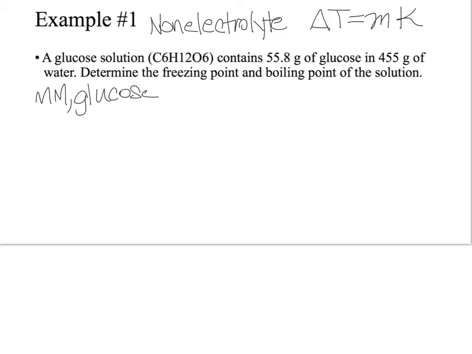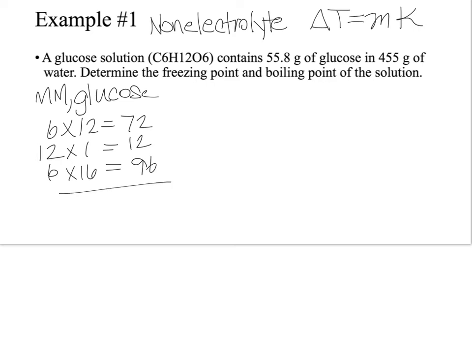And I'm just going to estimate here. 6 times 12 is 72 for each of the carbon. 12 times 1 for each hydrogen is 12. And 6 times 16 is 96. If we were to do it more precisely, it would be 180.18 grams per mole.